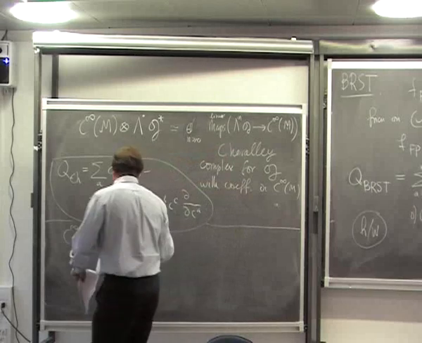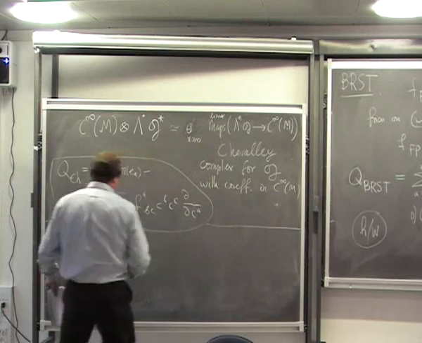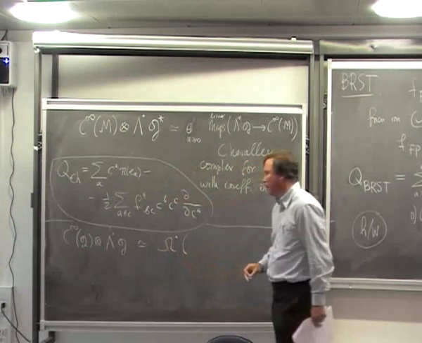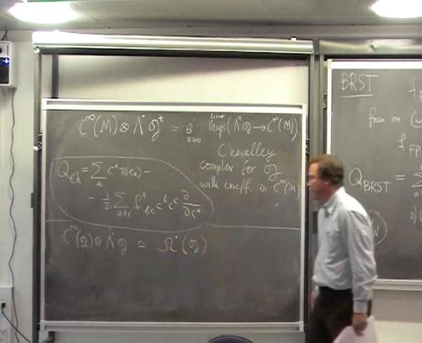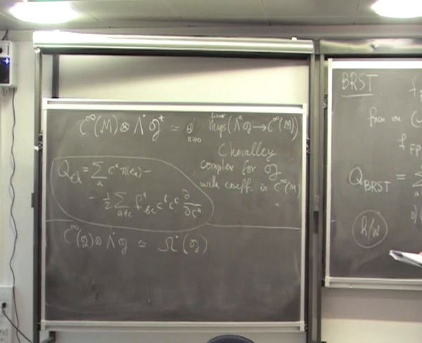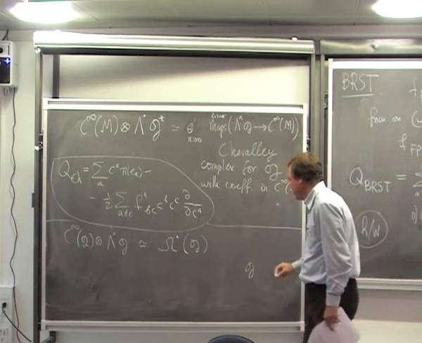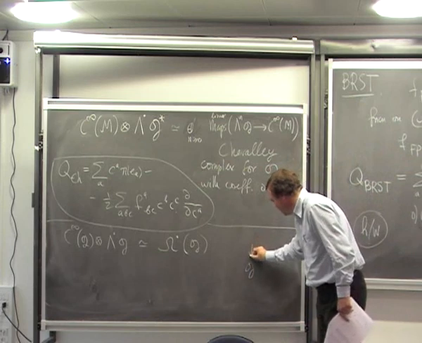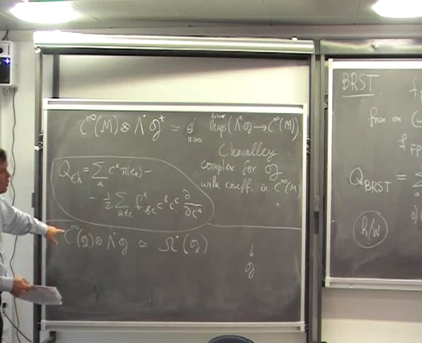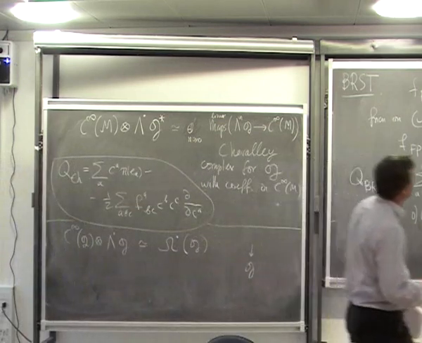So we can identify this with the forms on G. So when we have a manifold G, I want to make sure that I'm not confused between G and G star.